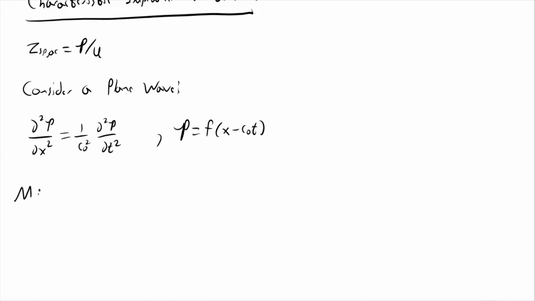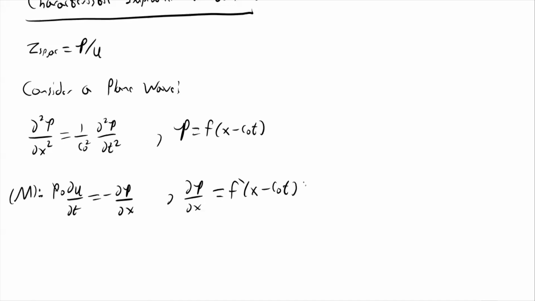So we consider the linearized momentum equation, which states that rho naught du dt is equal to negative dp dx, if we're only looking at one direction, which we are. So, what is dp dx? It's f prime of x minus c naught t, where the prime indicates a derivative with respect to the argument.